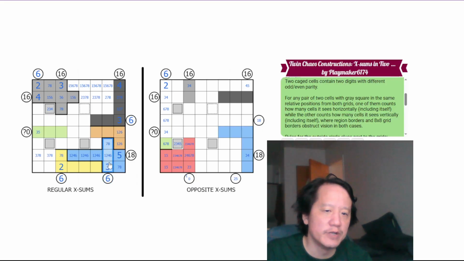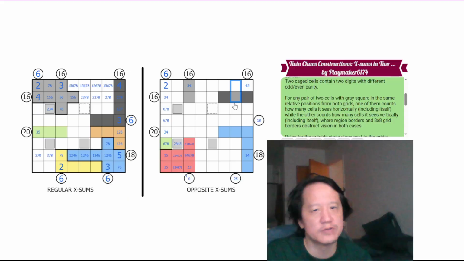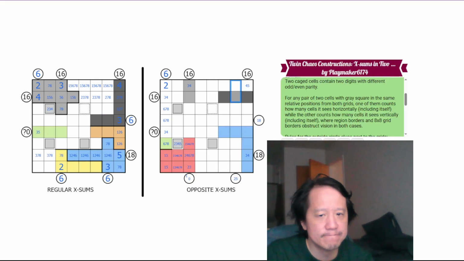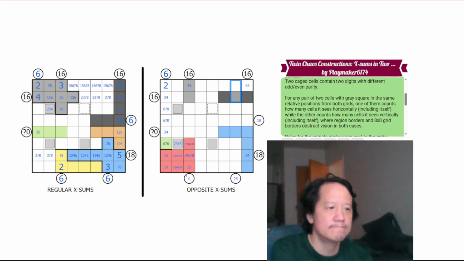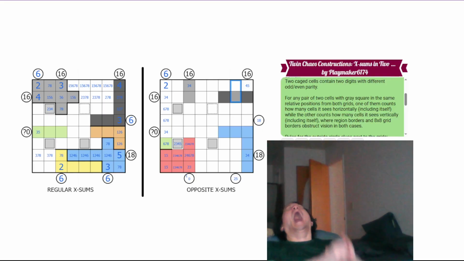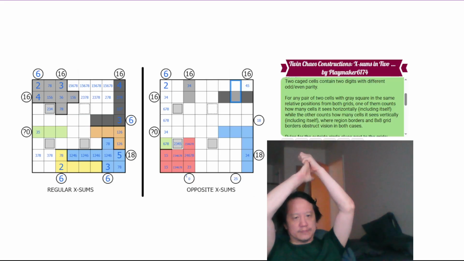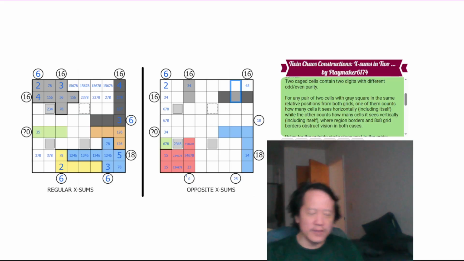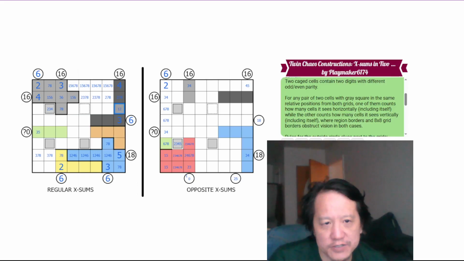This would be at minimum of 11. So it would guarantee these are part of the same region. That doesn't really restrict us. I was hoping that would lead to a contradiction.